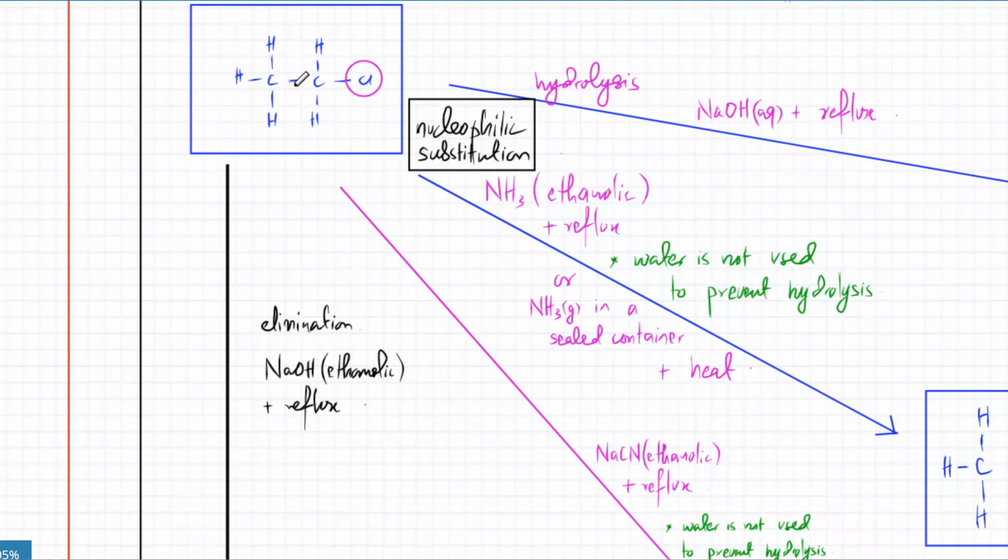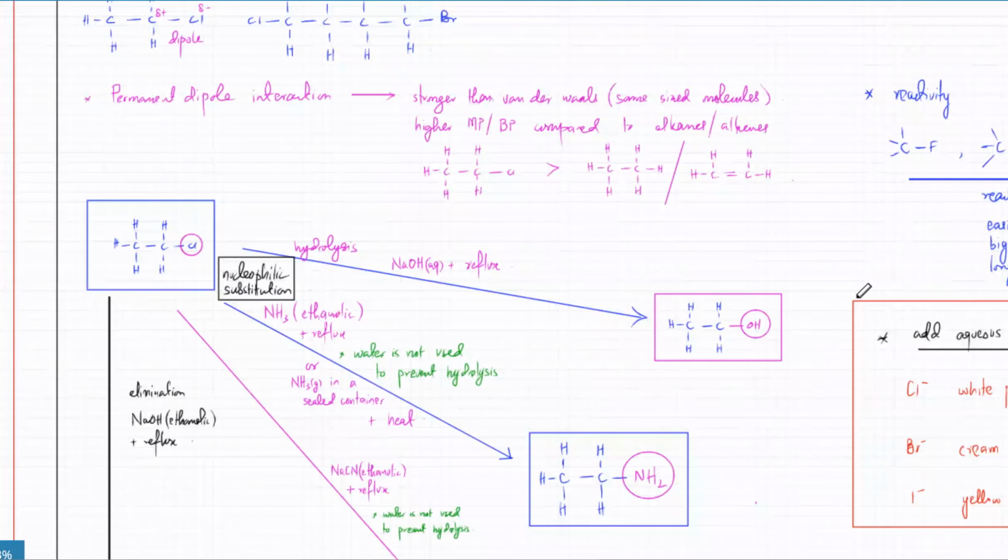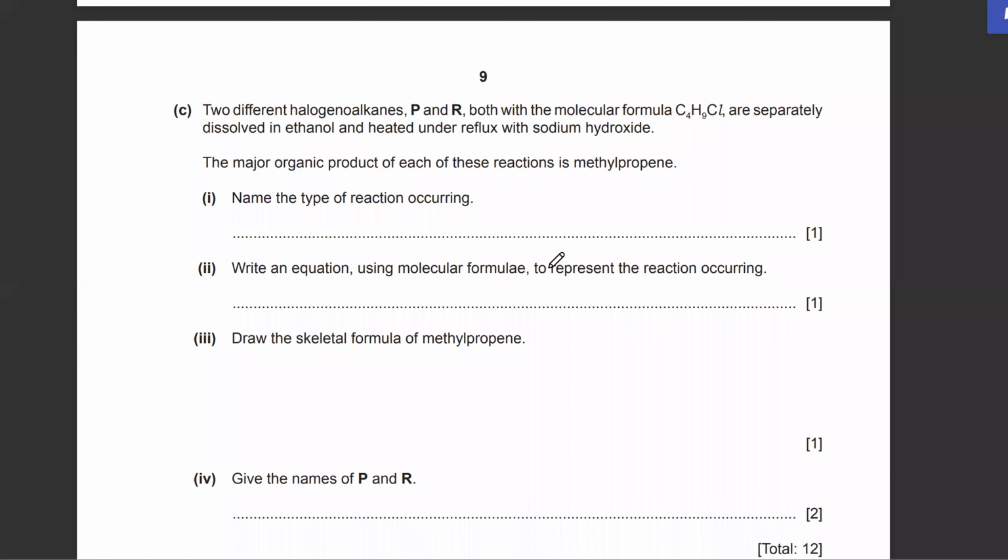The Cl and H get eliminated and you get a double bond in the middle. If you use NaOH aqueous, तो उस केस में you'll have a substitution. So in this question, he's using ethanolic. And what he's saying is, okay, the type of reaction that's happening is elimination.